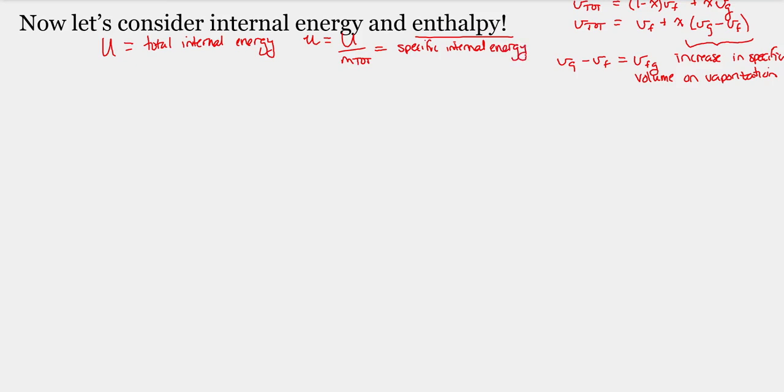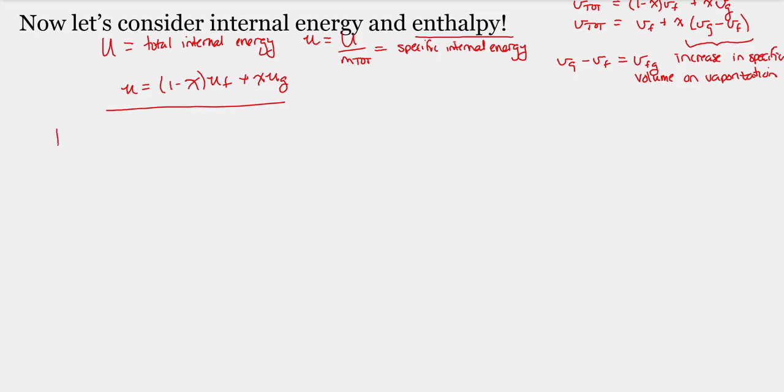And we could go through the exact same algebra that we did before, and what we would find is that the specific internal energy is simply, when we're in the saturation region, 1 minus the quality times the saturated liquid properties plus the quality times the saturated gas. Okay, the exact same process. So, again, every moment is a teaching moment.